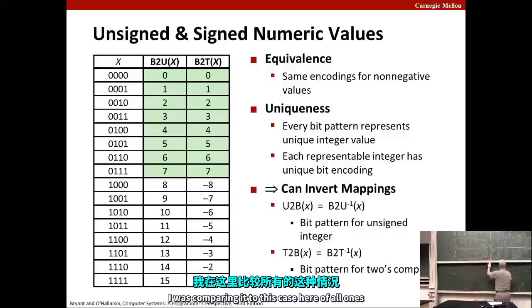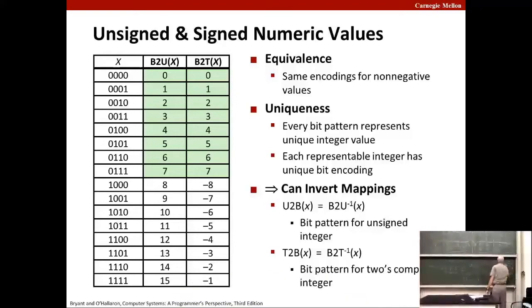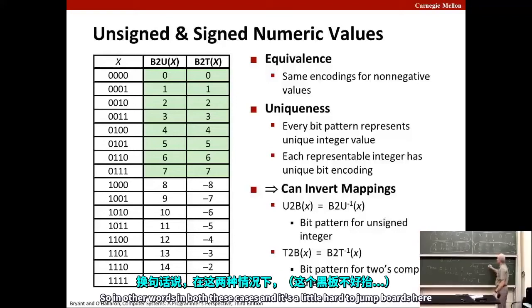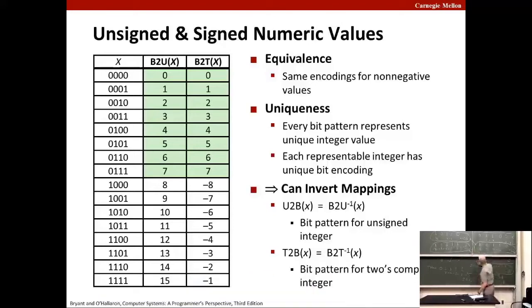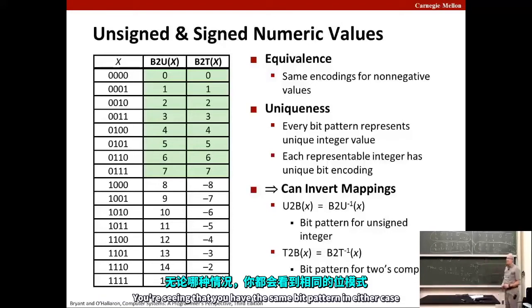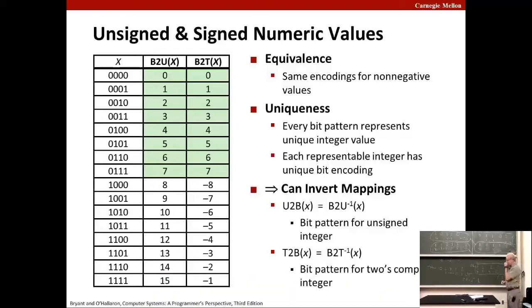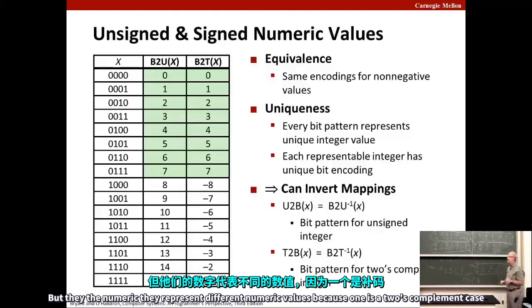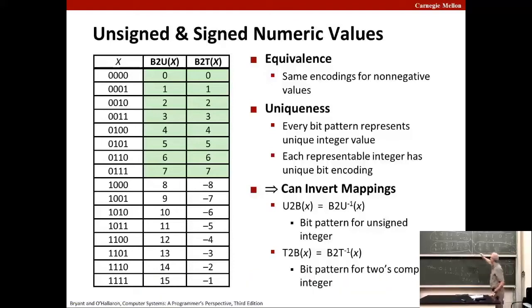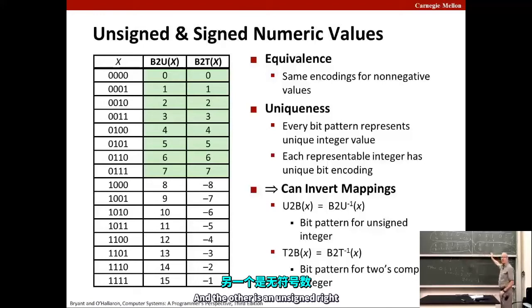I was comparing it to this case here of all ones. So in other words, in both these cases, and it's a little hard to jump boards here, you're seeing that you have the same bit pattern in either case, but they represent different numeric values, because one is a 2's complement case and the other is an unsigned, right?